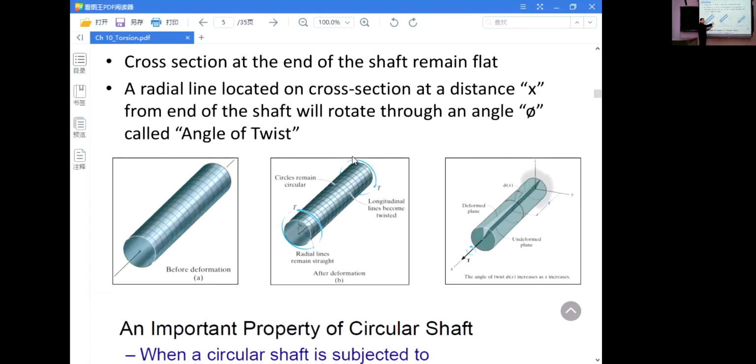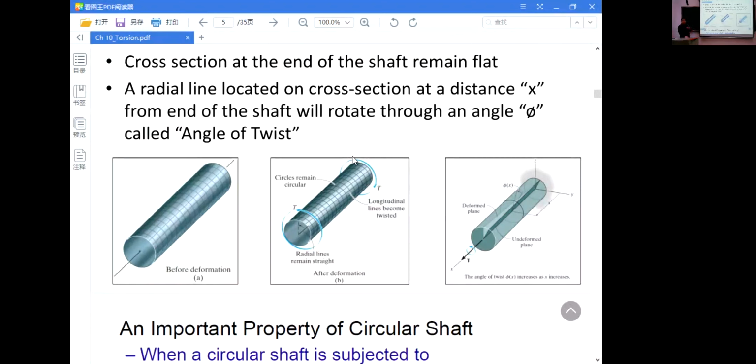Because the length doesn't change, we can assume there is no normal stress on the cross section. Because the shaft doesn't expand or contract, we can assume the shear stress is perpendicular. For every point, the shear stress is perpendicular to the radius.